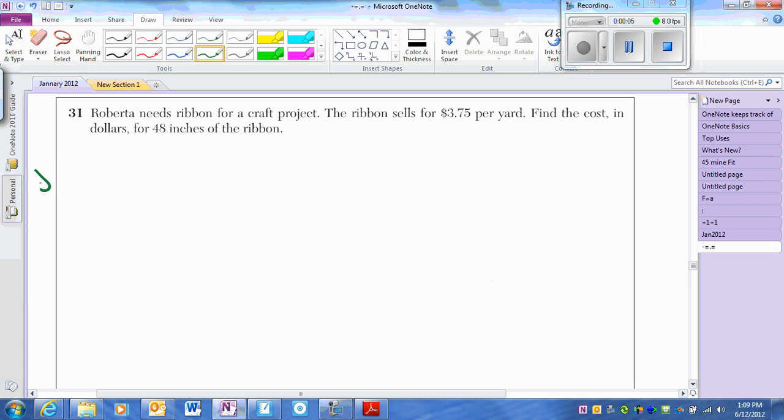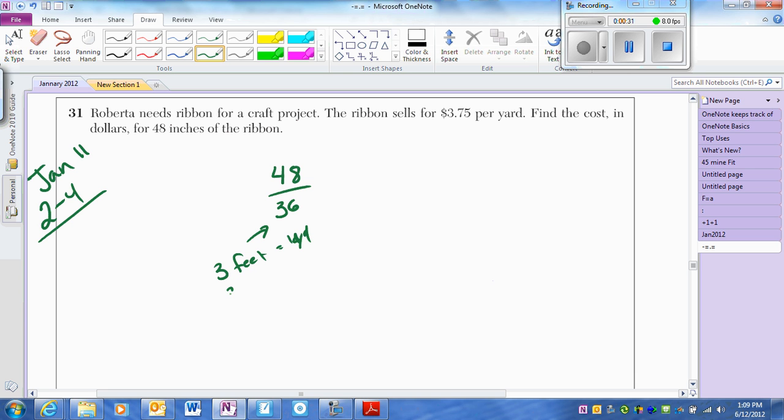January 11, parts 2 through 4. First part about this project is actually figuring out how many yards there are. And we've got 48 inches. So if we take 48 inches and we divide by 36, because 3 feet equals 1 yard, or 36 inches, you get 1.3 repeating.